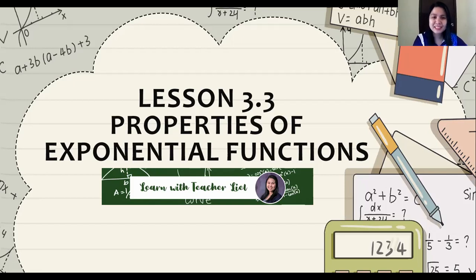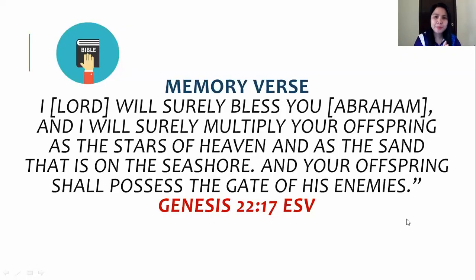Now, today's memory verse is still found in Genesis 22, verse 17. And it talks about how Abraham was blessed exponentially by the Lord. In the previous lesson, we talked about Solomon, on how the Lord blessed him exponentially with wisdom and understanding.